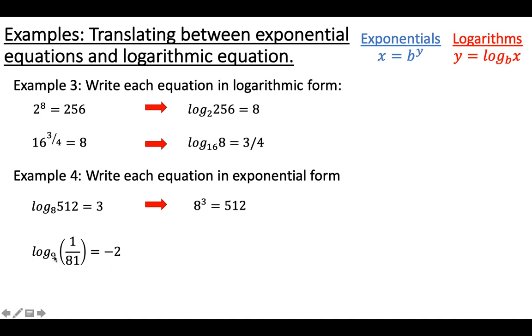So we have a base of 9, and it should have an exponent of negative 2. So we have 9 with an exponent negative 2 equals, what was the big number in the log? It was that fraction, 1 divided by 81. Okay, there you go. 9 with the exponent negative 2, boom, equals 1 over 81. Okay, that's all you got to do.